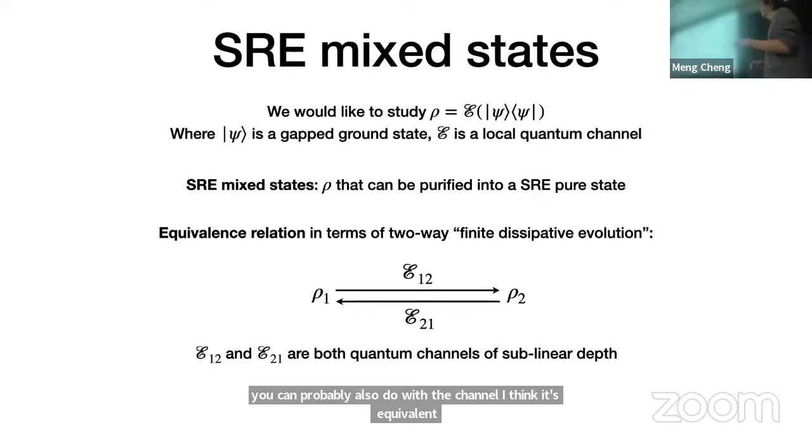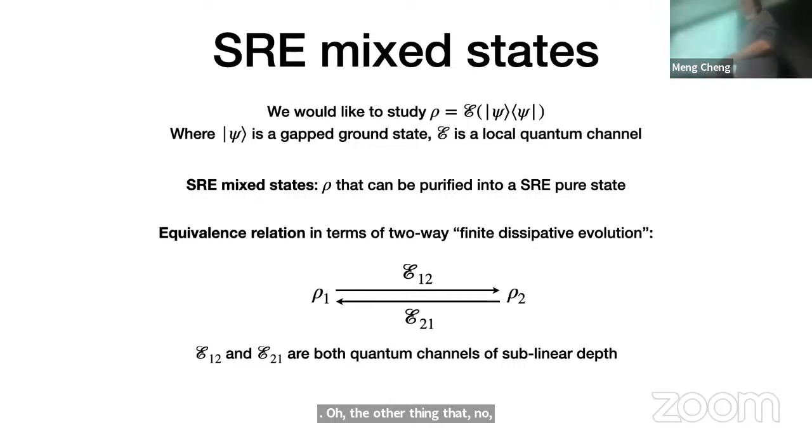The other thing is that this doesn't have to be a gapped ground state to begin with, right? So you can apply the quantum channel and you might also get a short-range entangled mixed state. But you're saying anything that satisfies the definition of short-range entangled mixed state can be obtained from some gapped ground state. Okay. I think so.